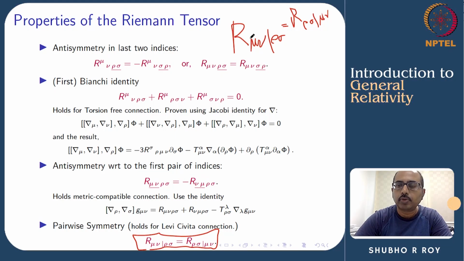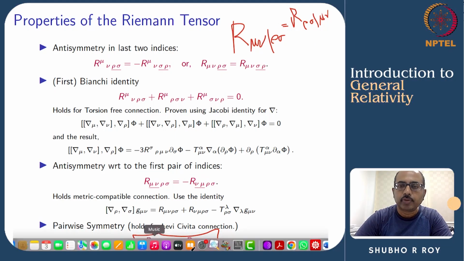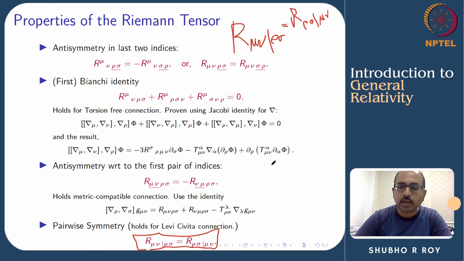So it is symmetric, they are the same thing. This is called the pairwise symmetry, and it holds for the Levi-Civita connection. Maybe I will assign it as homework, or give it as a problem in the final exam, but please try to prove that the Levi-Civita connection leads to a Riemann curvature which has this pairwise symmetry property.